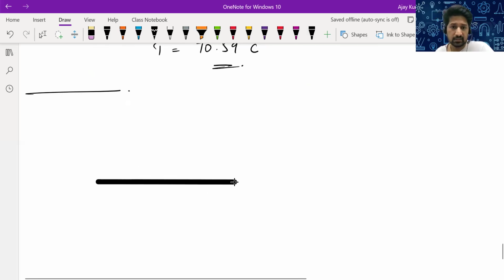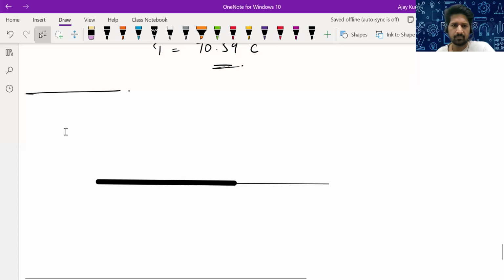Consider something like this. Let's say there is one rod which is having some conductivity, some length, some area of cross section, and then consider another rod having different area, maybe different length, different conductivity also. They don't have to have any relation. It doesn't have to be straight also.